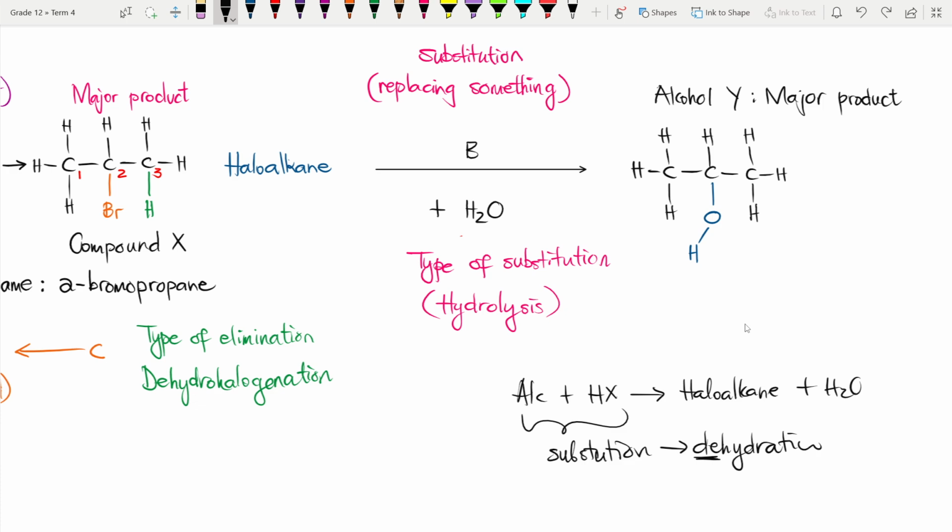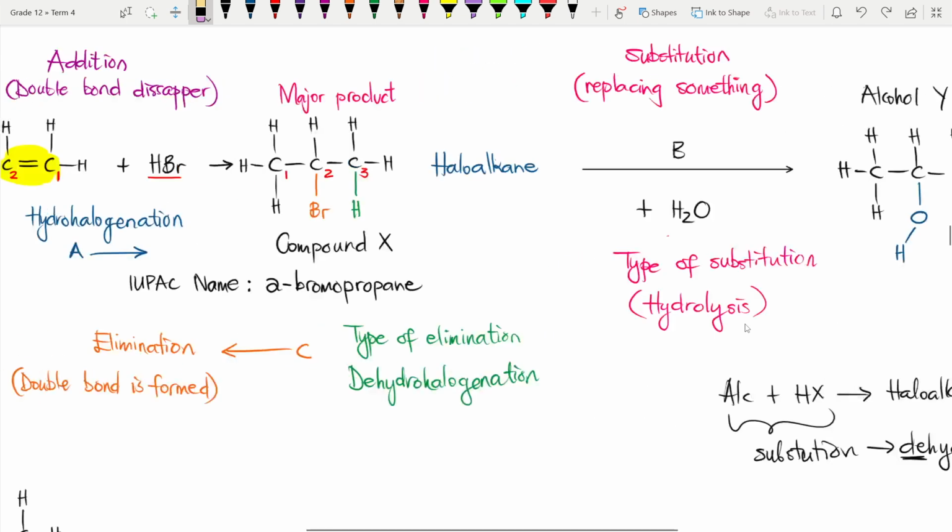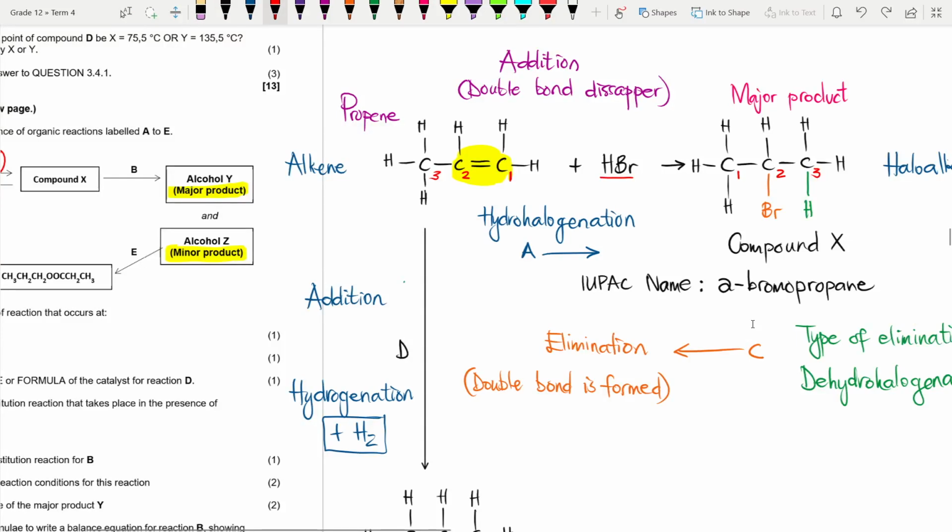So I'll confirm, but I think it is dehydration. So we are removing water. That will be the vice versa of reaction B. If they had an arrow that actually points back, that will be what we were looking at. Okay, good question.